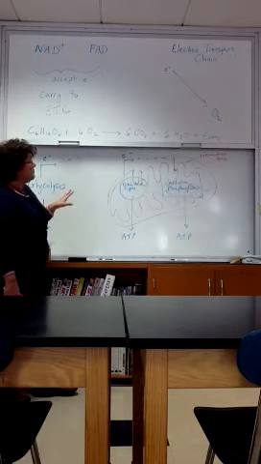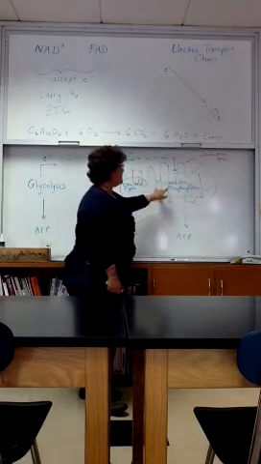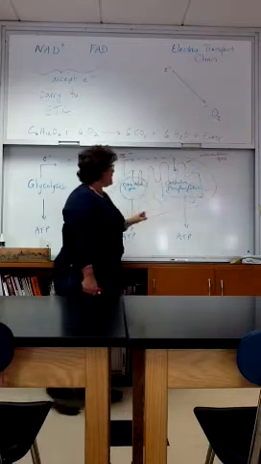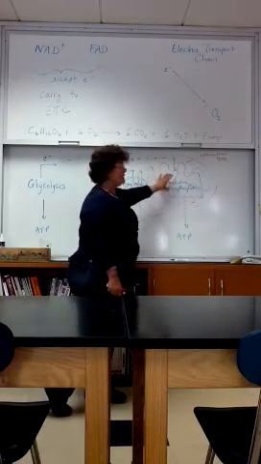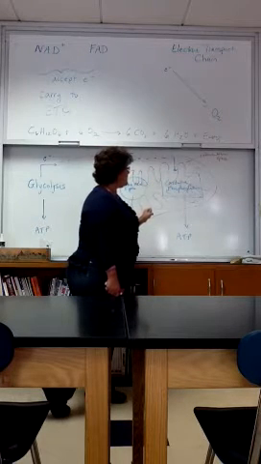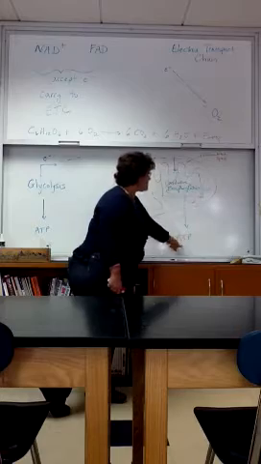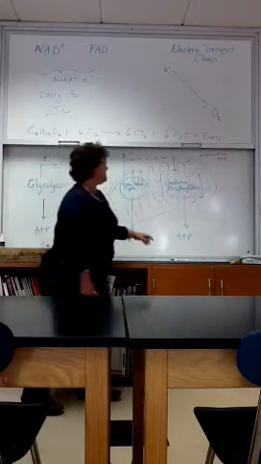Okay? Finally, in the last pathway, oxidative phosphorylation, this is the pathway which ultimately receives all the electrons being transferred from the other molecules, and it generates the most ATP. It's the pathway that generates the most ATP in this entire process.